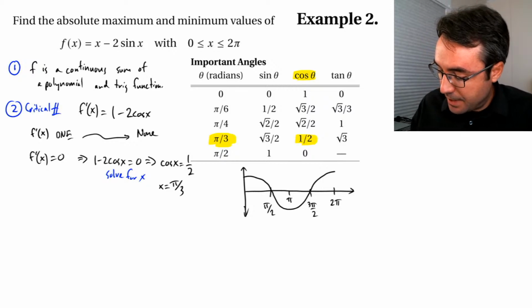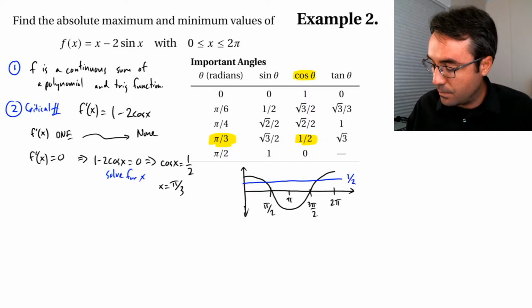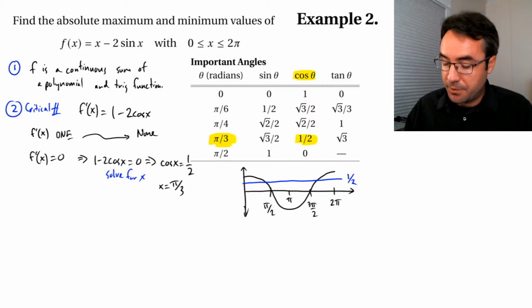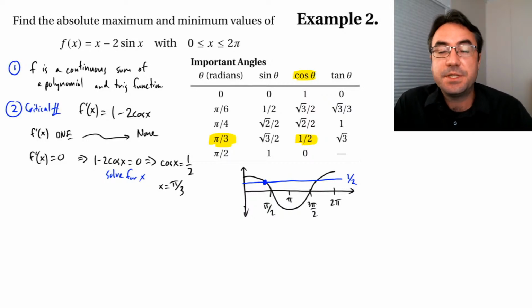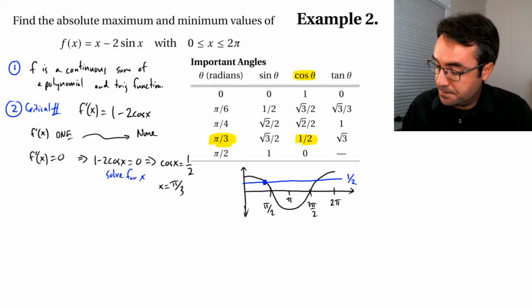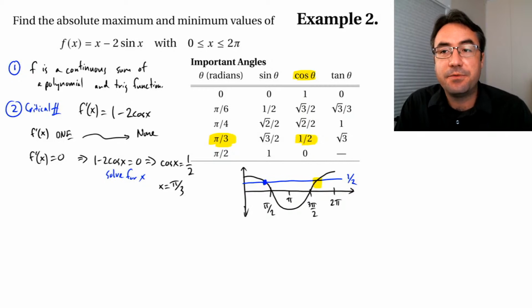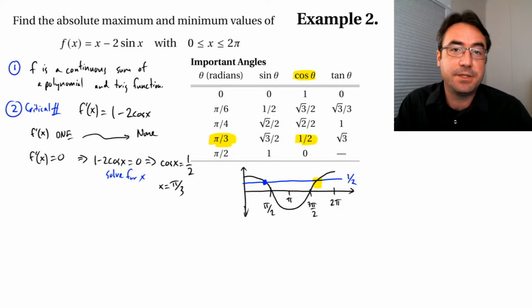What we just figured out is where it crosses the line y equals 1/2. We found the point over here, but drawing it in, we see that it has to happen at a second point right over here. So how do we find that other place where cosine is equal to 1/2?